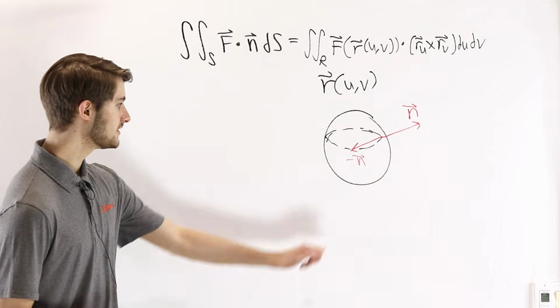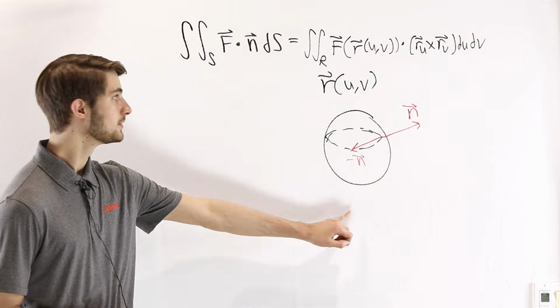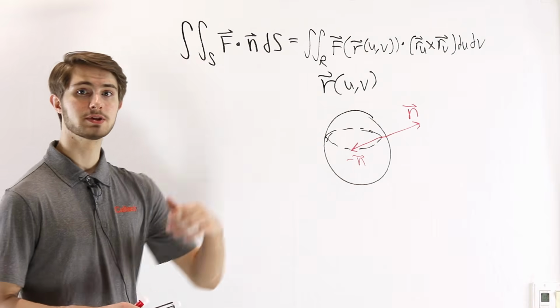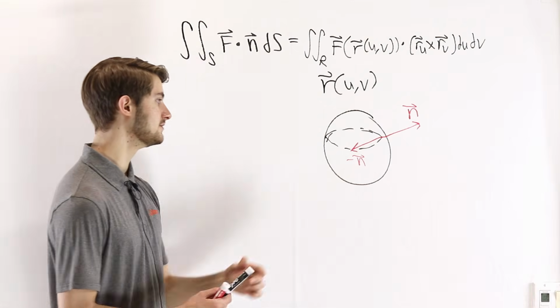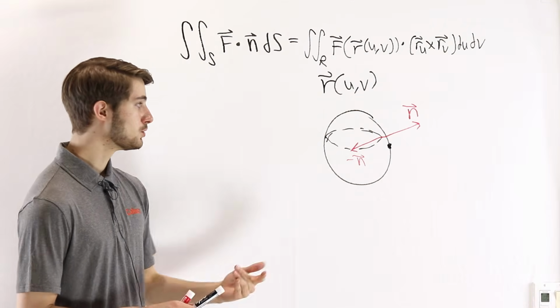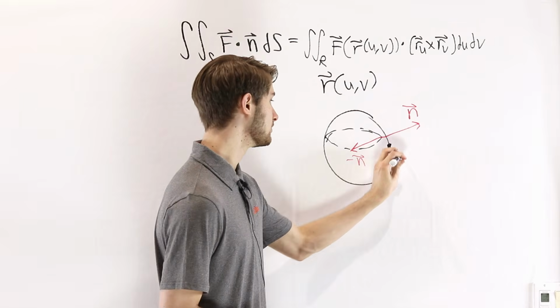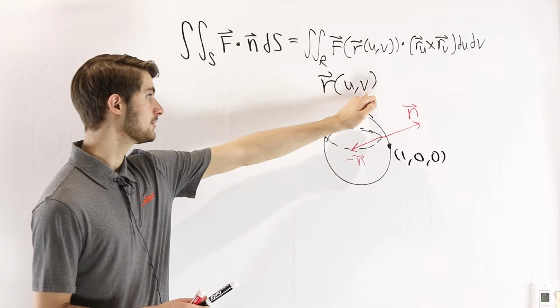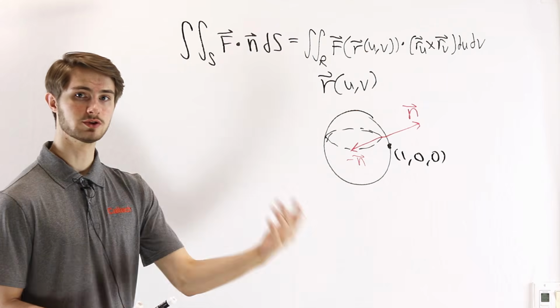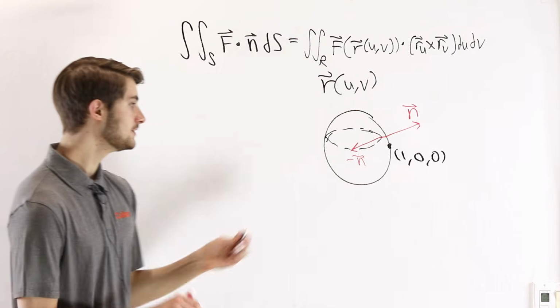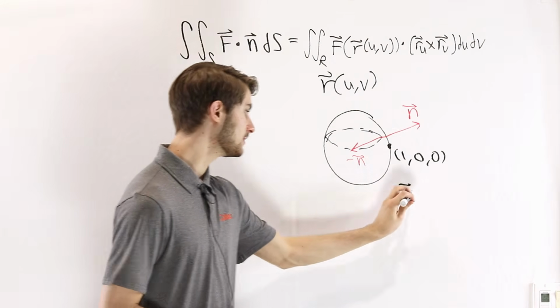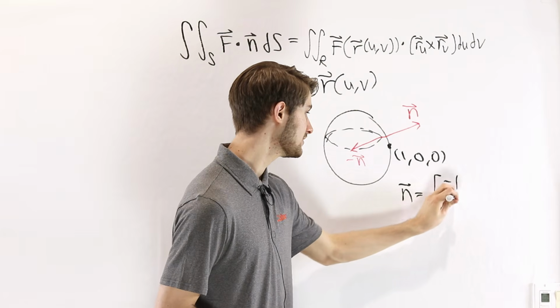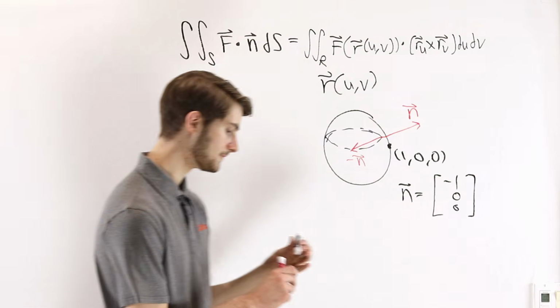For example, let's say that our surface is this sphere here. If we took our parametrization and plugged in a certain value for u and v, we would get a specific point on the sphere, which say is 1, 0, 0. Then we can plug in those same values for u and v to get our unit normal vector, and say that our unit normal vector at this point was equal to negative 1, 0, 0.